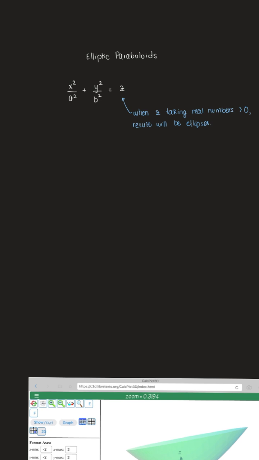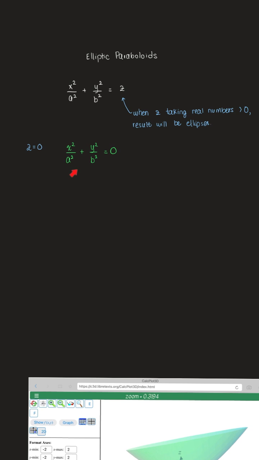So let's start first with what happens when z equals 0 in this kind of equation. When z is 0, we get that x squared over whatever a squared may be, that's just a parameter, some constant, plus y squared over b squared equals 0. And if you notice, on the left side, everything is positive here because we're squaring any terms, including the constants.